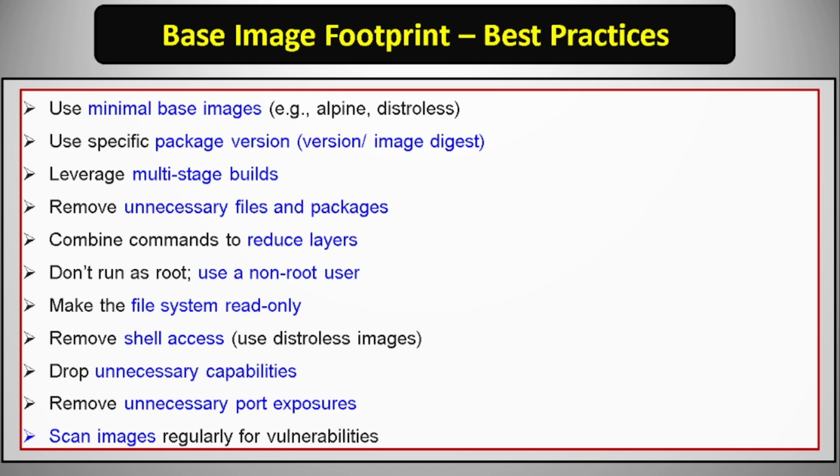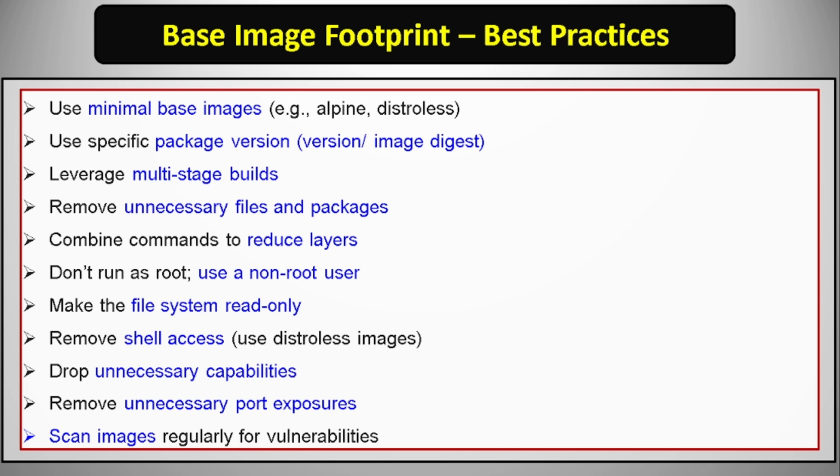Leverage multi-stage builds. This separates the build and runtime environments to include only what's necessary in the final image. Remove unnecessary files and packages, and clean up temporary files, caches, and unused dependencies. Don't run the container as root. Use a non-root user to reduce the risk of privilege escalation attacks.